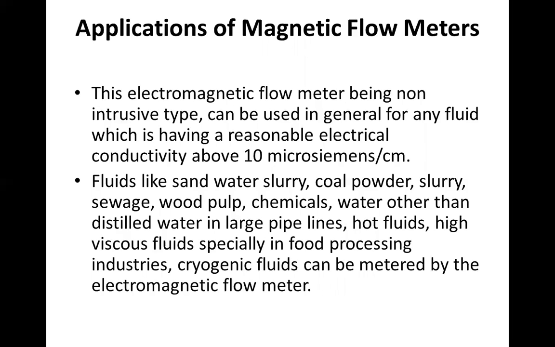Fluids like sand water slurry, coal powder slurry, sewage, wood pulp, chemicals, water other than distilled water in large pipelines, hot fluids, highly viscous fluids, especially in food processing industries, and cryogenic fluids can be metered by the electromagnetic flow meter. So this is the detailed discussion about electromagnetic flow meter.